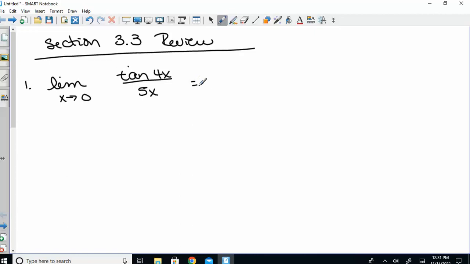So we could change tangent into sine over cosine. This is like 5x over 1, so if you flip and multiply, that's 1 over 5x. Then what did we do?